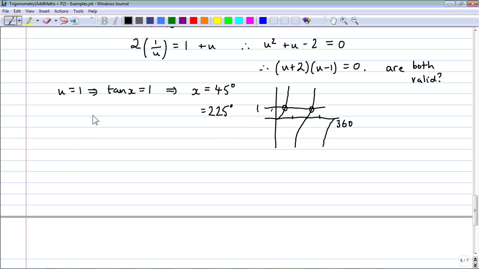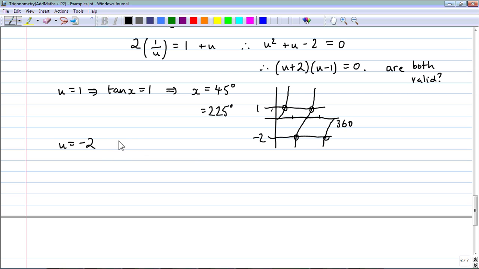But what if u is equal to minus 2? Well, yes, because it's tan x, the range of the function is all numbers. So this is possible. And again, we're going to get two solutions. Minus 2, one here, one here.